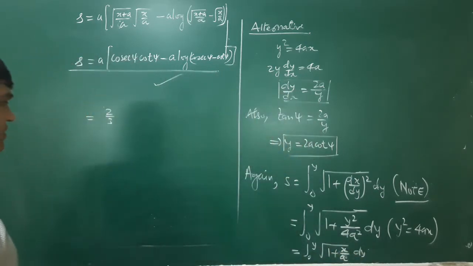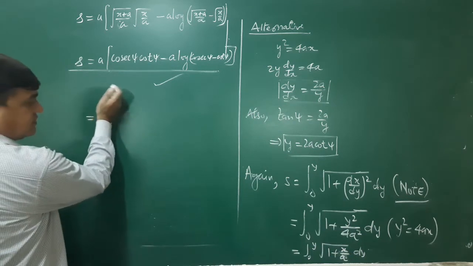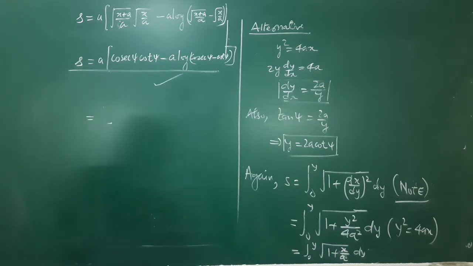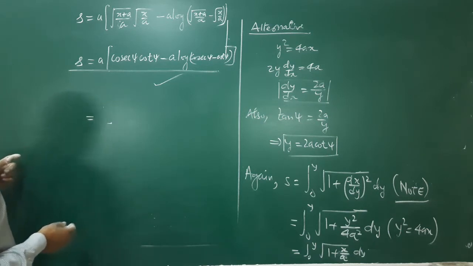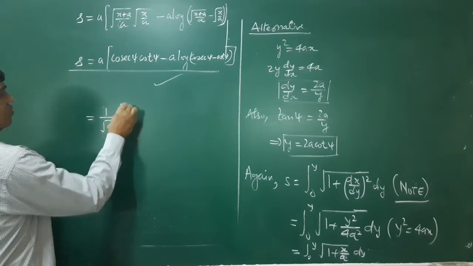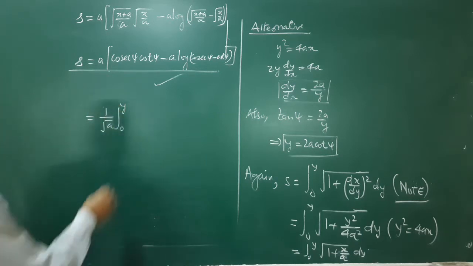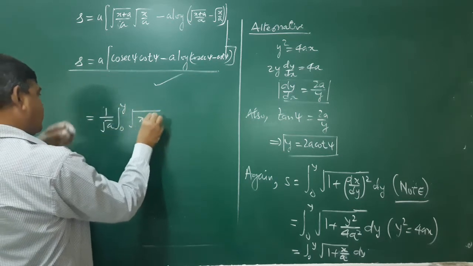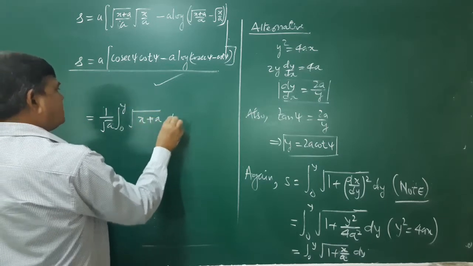So it is 1 upon root a, integral 0 to y of root x plus a dy.